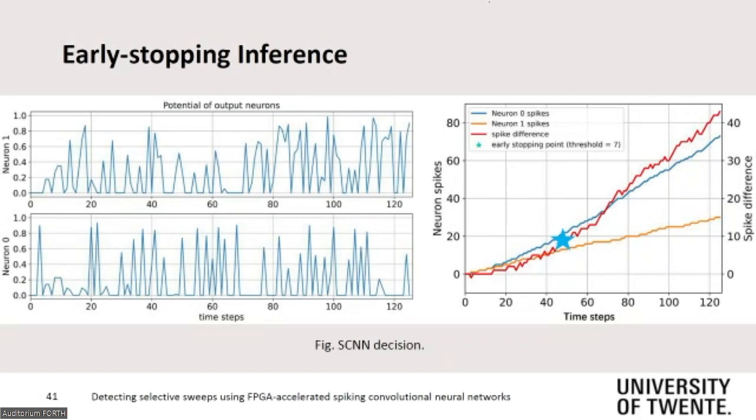On the right figures, we can observe that at time step 46, the firing count of one neuron surpasses the other. So when we set the early stop threshold at 7, we can observe the final prediction result at time step 46, which means we only process 46 rows of the images to observe the accurate classification result.